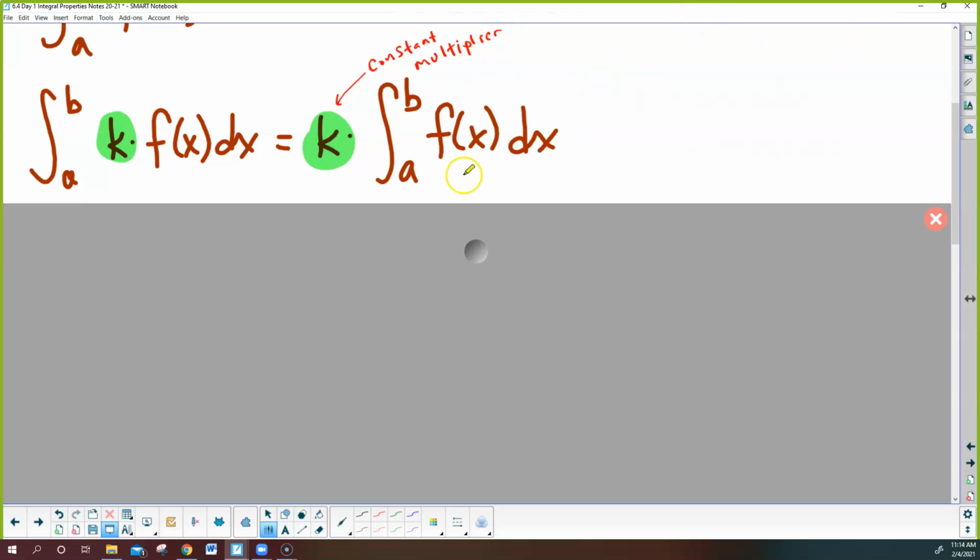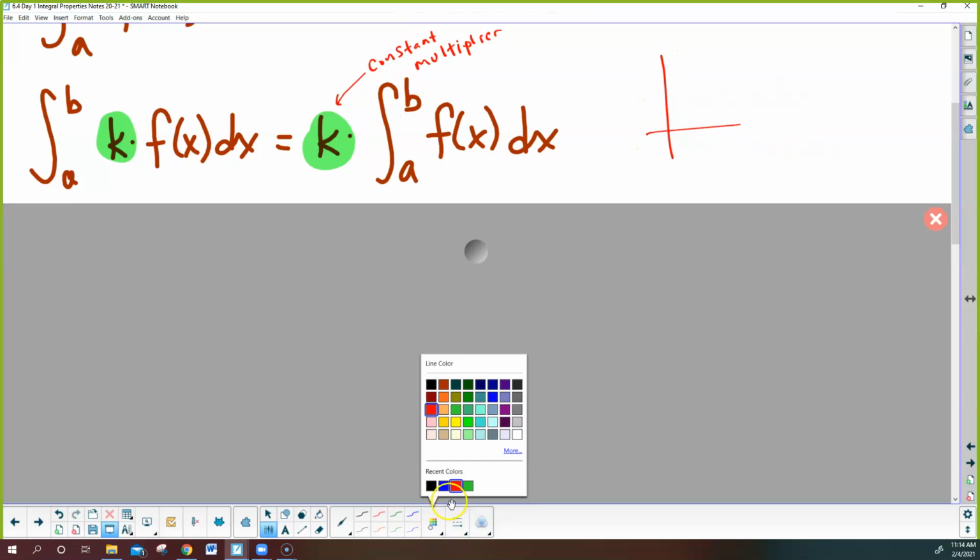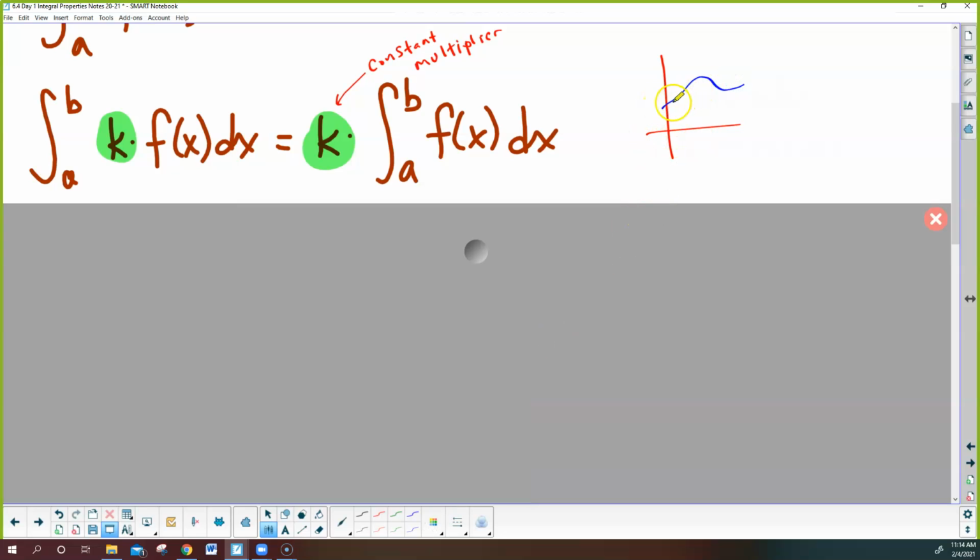And by the way, Mr. Waffler went through this kind of graphically. I'm not going to do that here, but let's say that here's my f of x, and if I go from A to B, we know that the area under the curve is represented by the integral.